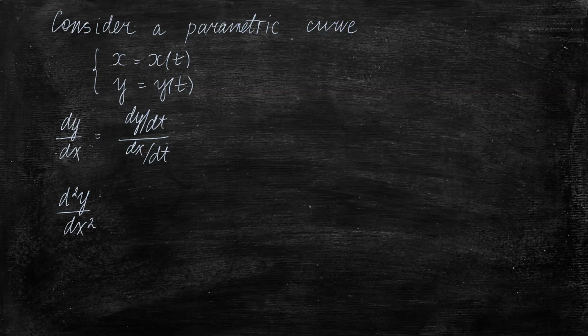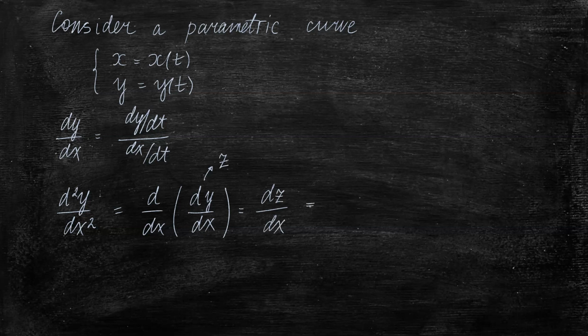But how do we find it? Well, we take the first derivative of y with respect to x and we differentiate it with respect to x. So if we for a second call the derivative of y with respect to x something else, like let's say z, so what we're actually looking for is dz dx.